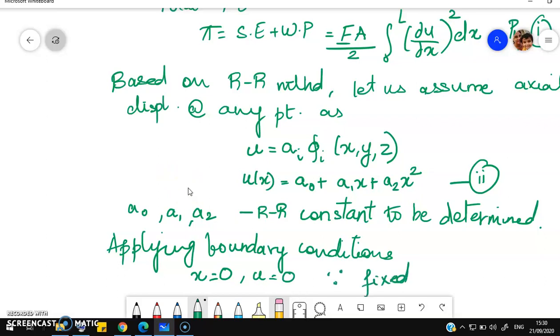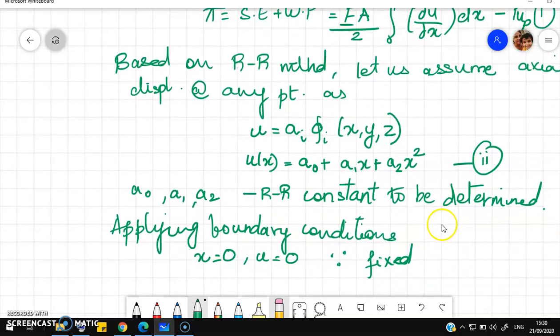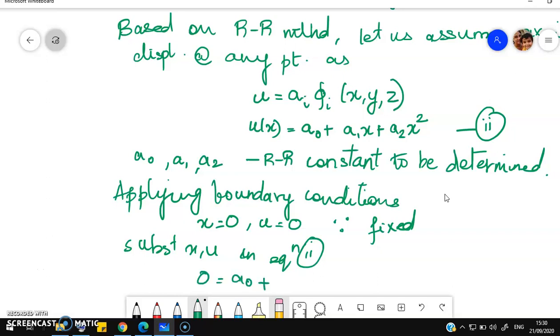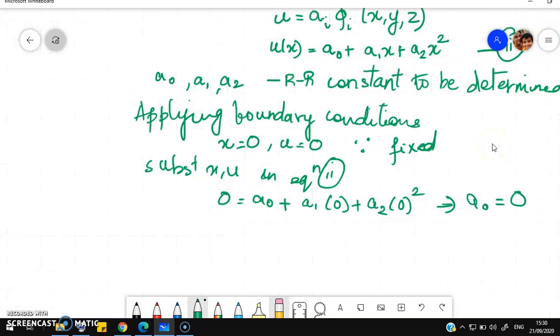So substituting x and u in equation 2, we get 0 equals a0 plus a1 into 0 plus a2 into 0 square, which means that our first constant a0 turned out to be 0. Now this is the first boundary condition.